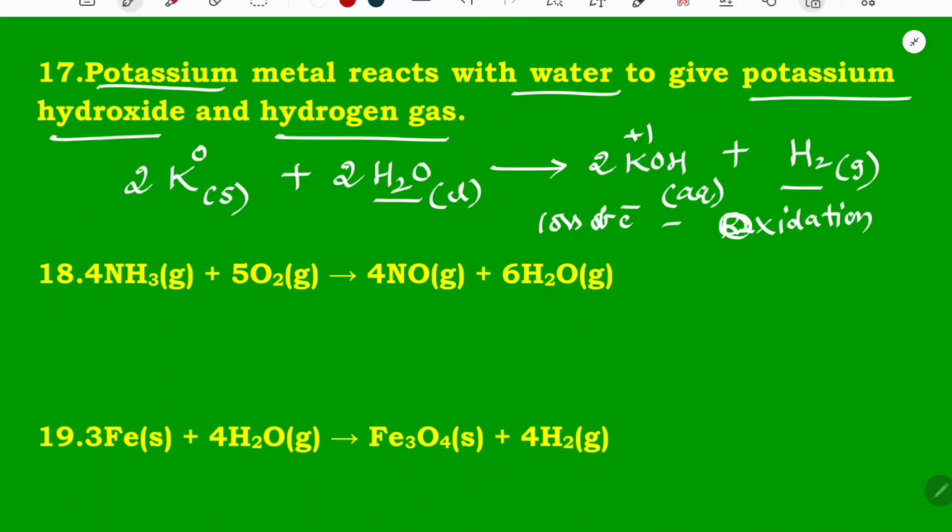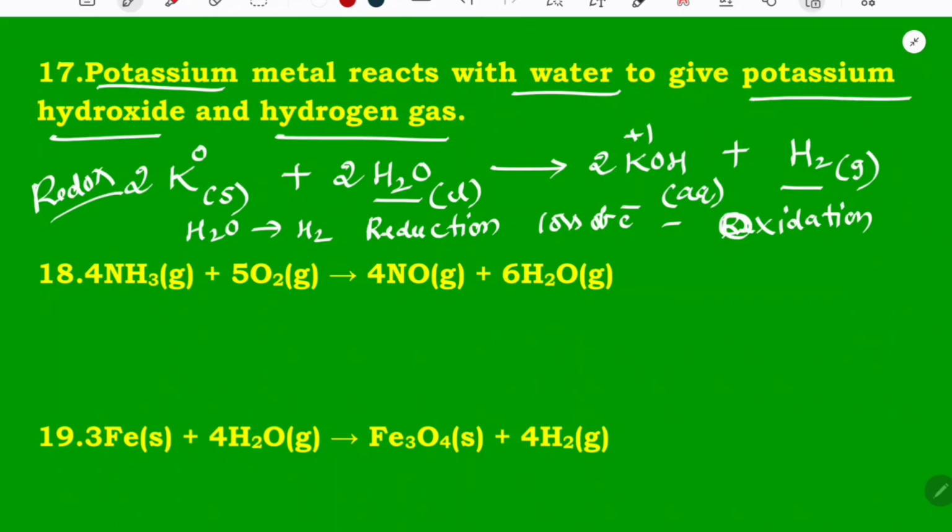At the same time H2O loses oxygen, so H2O converts to H2. This is reduction. Simply we can say this reaction is a redox reaction. Redox reaction.